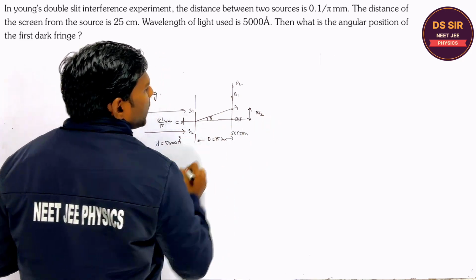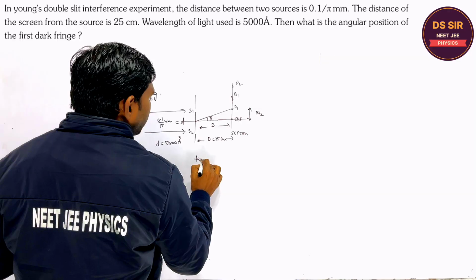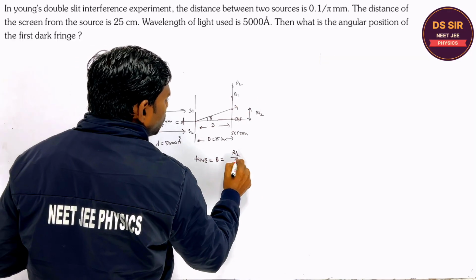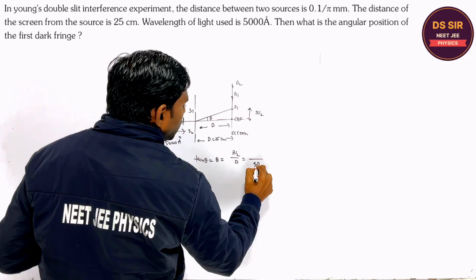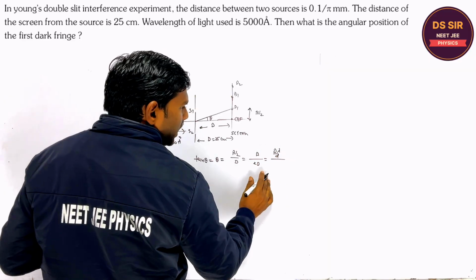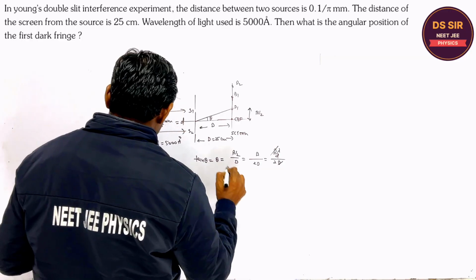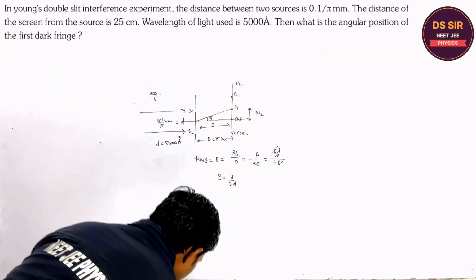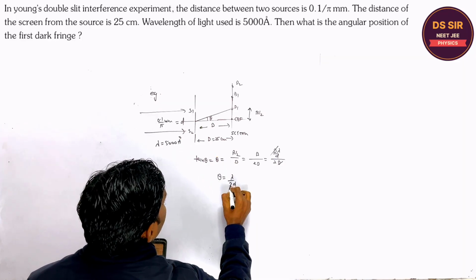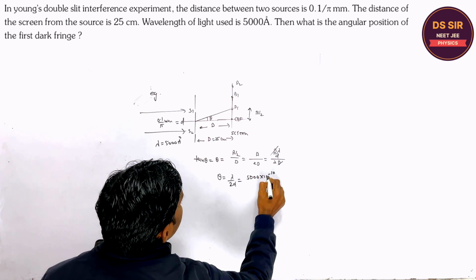Say beta by 2. And this is what? D. So what is the tan theta, which is equal to theta? Tan theta is nothing but beta upon 2 upon D. So it is beta over 2D. What is the value of beta? D lambda over d. So the theta is nothing but lambda upon 2d. All right. So lambda value is what? 5000.